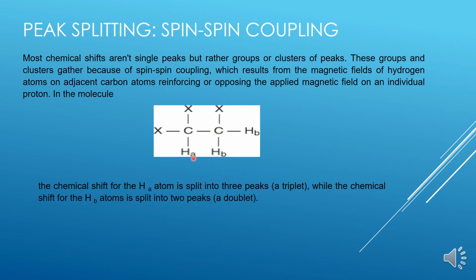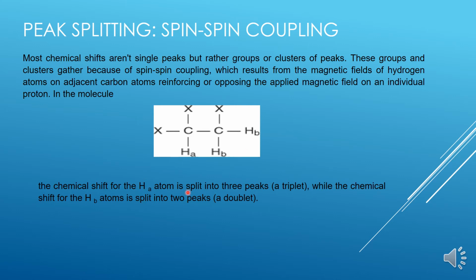So the neighboring protons are two here. Two HB are present nearer to HA. So therefore, n plus 1 splitting takes place. N plus 1 means 2 protons are there, therefore 2 plus 1, 3 peaks are observed for HA.